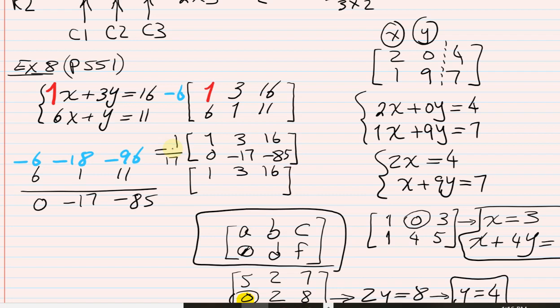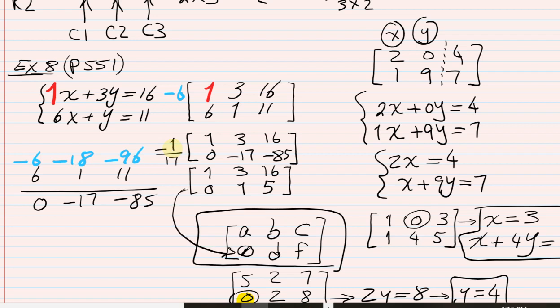That is -1/17 times 0 is 0. -1/17 times -17 is 1. -1/17 times -85, that's 5. And there you go. If you look at the second row, it looks like this one.